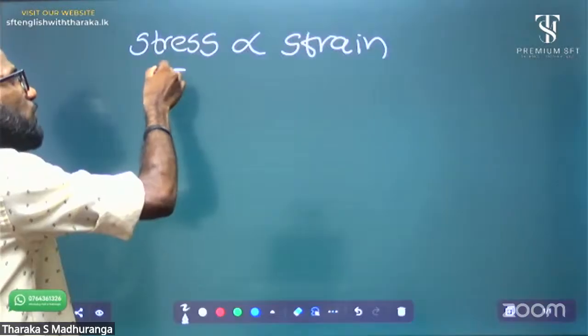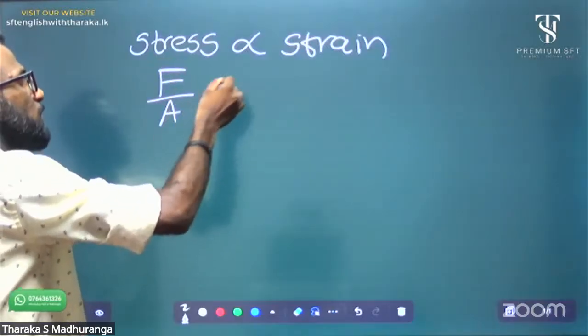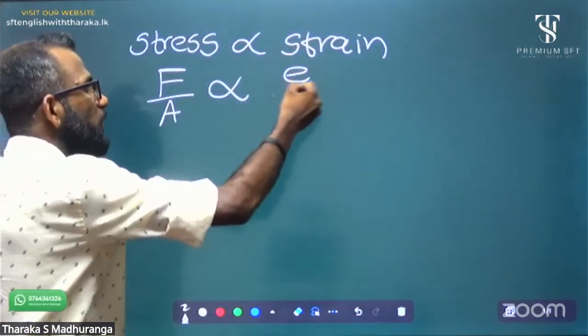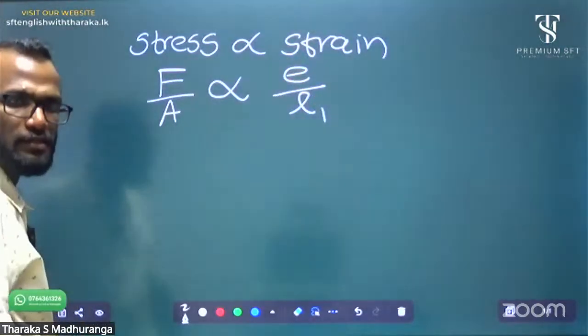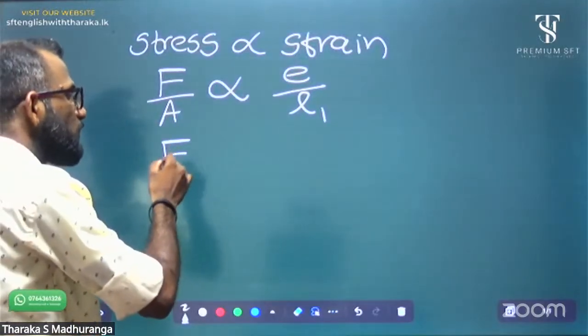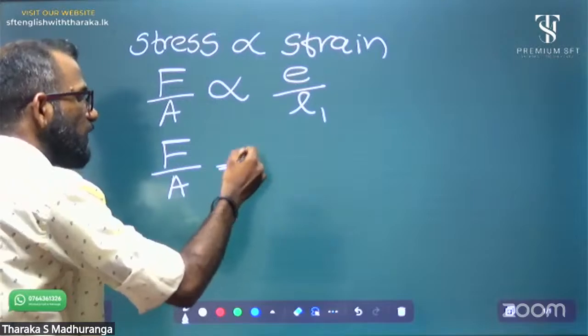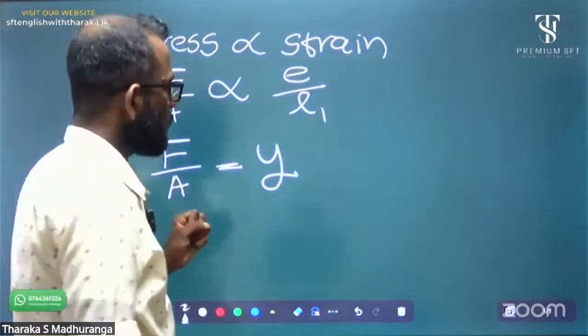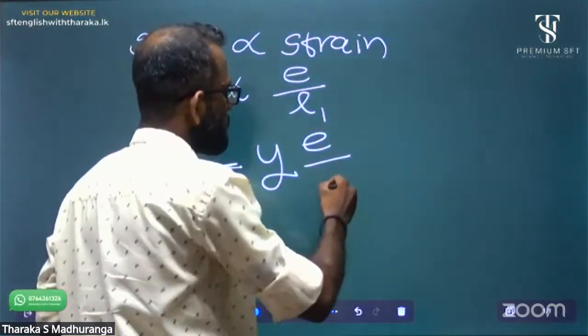Stress means F over A. Strain means e over L1, extension over initial length. To equalize, we have to add a constant, that's the Young's modulus.